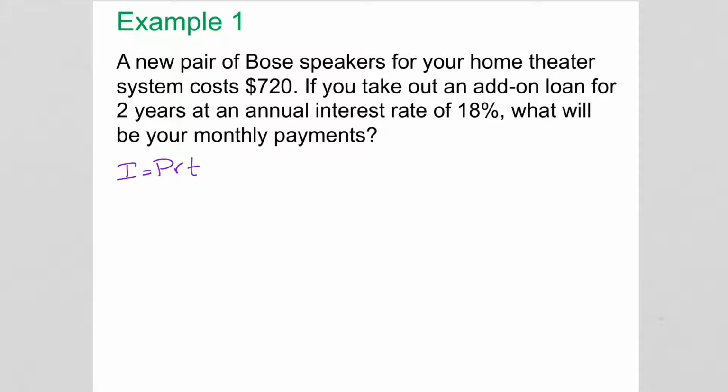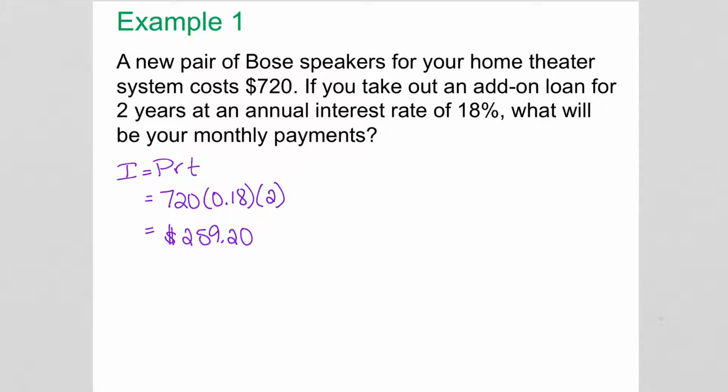It's simple interest in this case. It's not compounded. So I equals PRT, 720 times a rate, which would be 0.18, for 2 years. $259.20 you'll pay in interest.